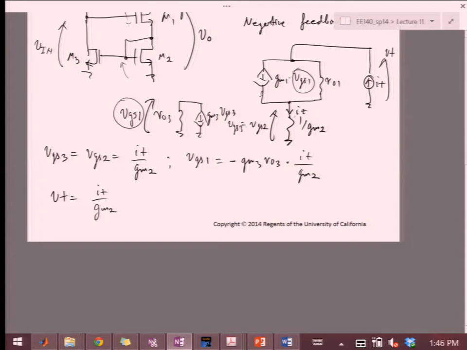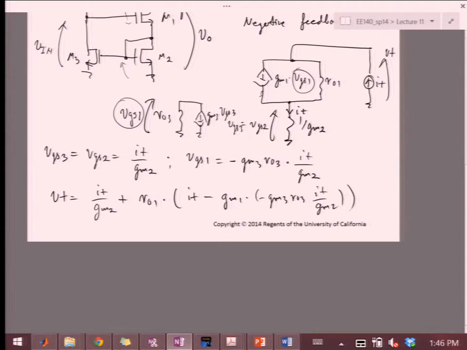That's this. Plus RO1 times whatever current is flowing through that. And that current is I test minus GM1 times VGS1 times minus GM3 RO3 IT over GM2.